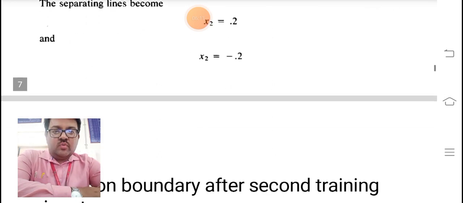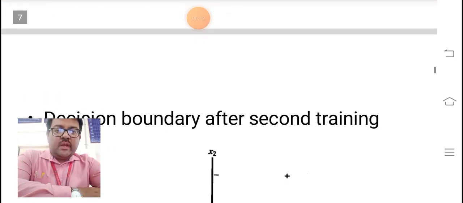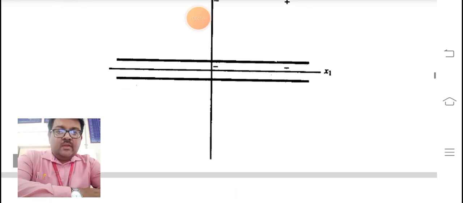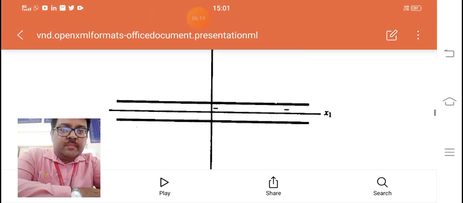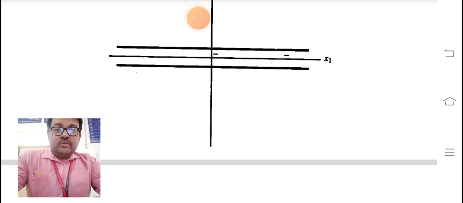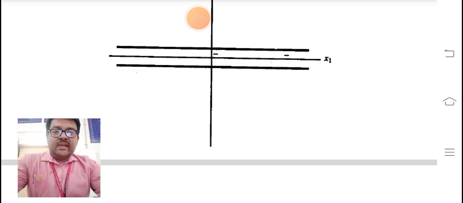If you plot x2 at 0.2 and minus 0.2, you get the separating lines like this. What is the significance of the separating line? One line tells it is greater than 0.2, another line tells it is less than -0.2. We can say it is a limit for the samples to occur. These lines are the limit.